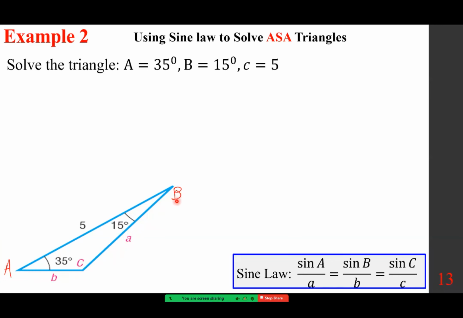Opposite capital B is lowercase b. Opposite capital C is lowercase c, which is 5.